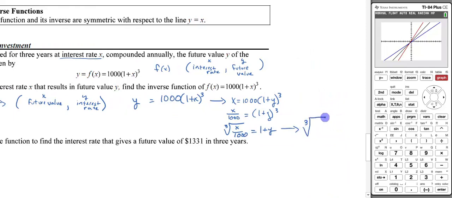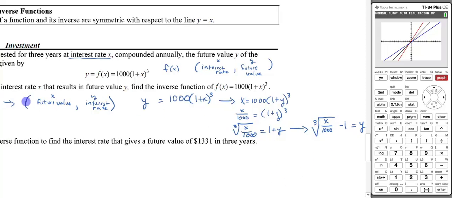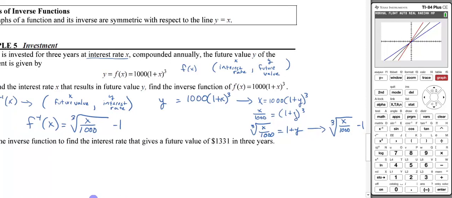So we have the cube root of x over 1,000 minus 1 equals y. Our last step is then to write that in function notation. So f inverse of x is equal to the cube root of x over 1,000, and the minus 1 is outside of that radical.